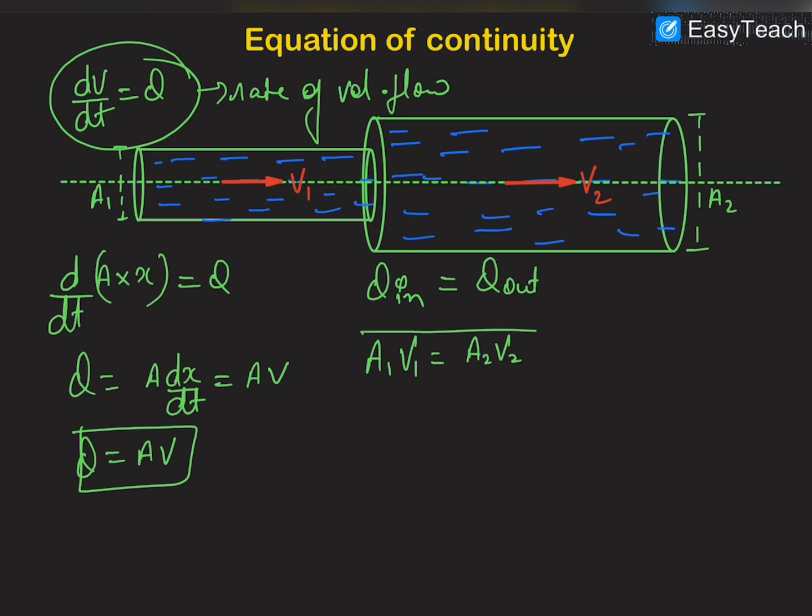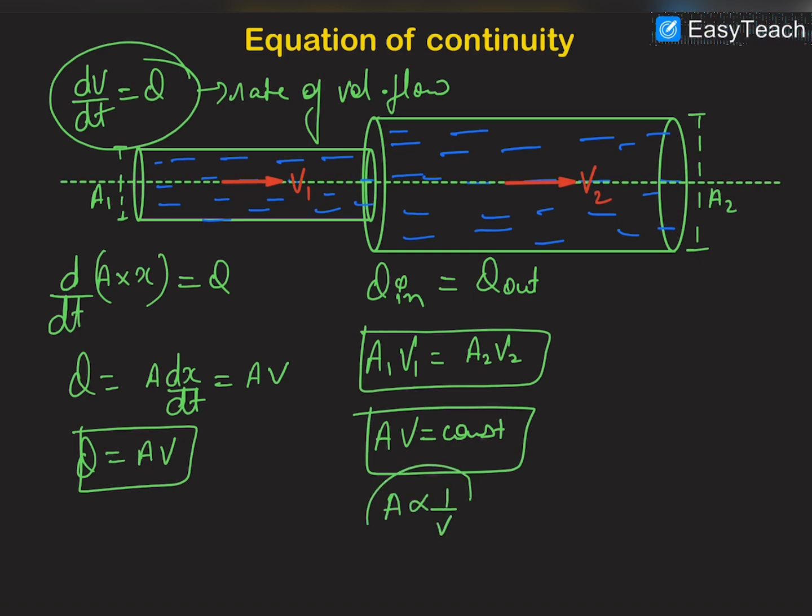So we can say that A1 V1 will be equal to A2 V2. This is the equation of continuity, and A into V will be constant. Which means that if the velocity of liquid flow increases, then the area of cross section will decrease, or vice versa.